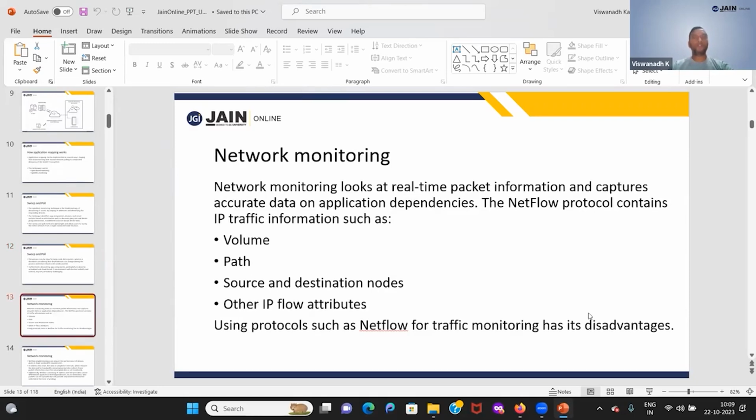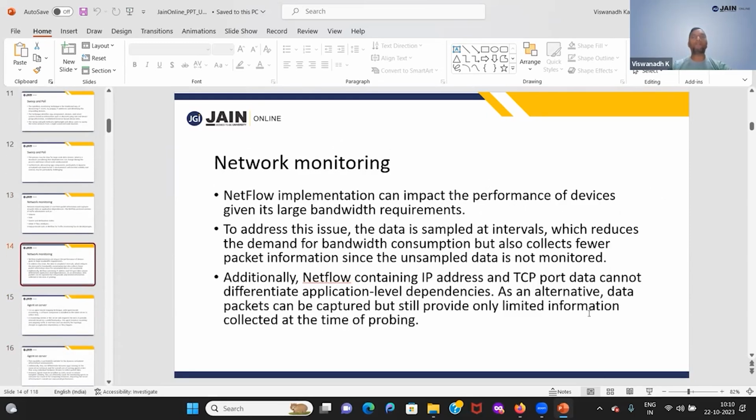Network monitoring looks at real-time packet information and captures accurate data on application dependencies. The network flow protocol contains IP traffic information, volume, path, source and destination nodes, and other IP flow attributes. Using a protocol such as NetFlow for traffic monitoring has its own disadvantages. NetFlow implementation can impact the performance of devices given its large bandwidth requirement.